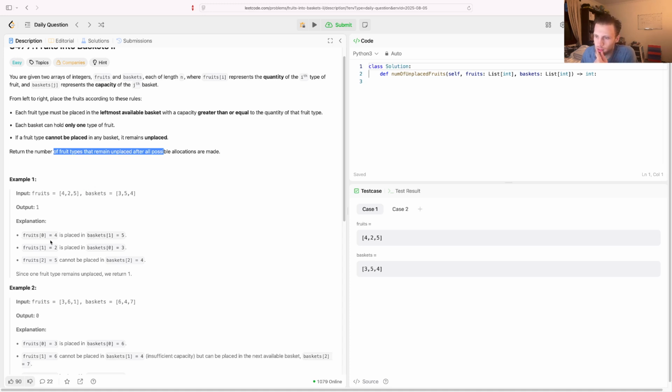All right, so fruits[0] = 4 is placed in baskets[1] = 5. Fruits[1] is placed in baskets[0]. Fruits[2].